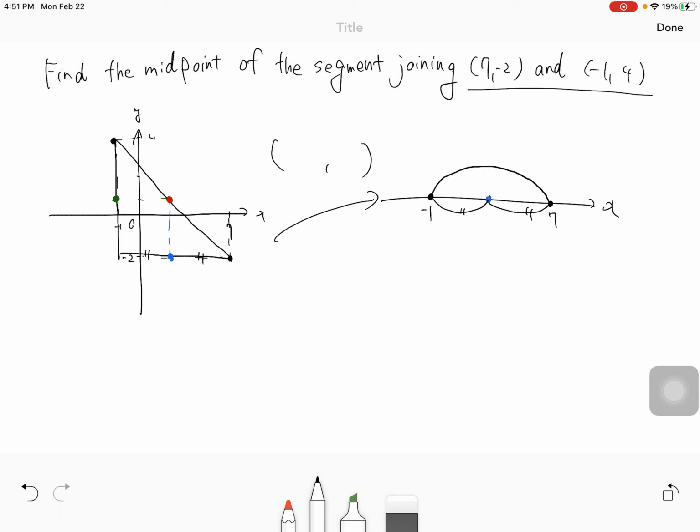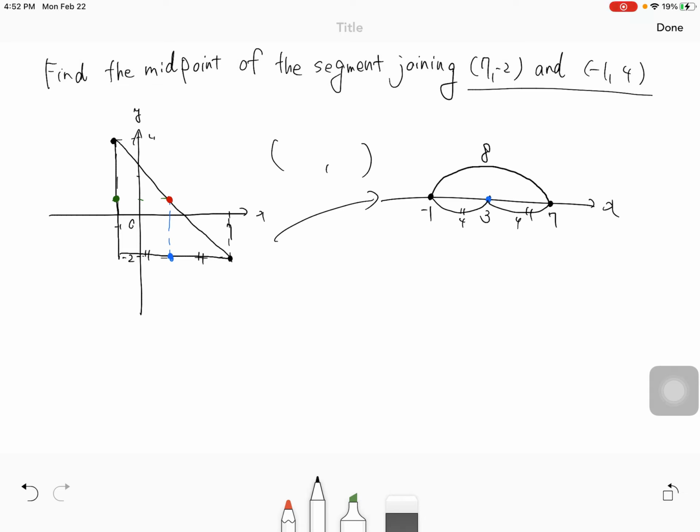And the length here, you can just calculate it. It's from -1 to 7, which is 8. So it's going to be 4 and 4. So you can just simply calculate 7 minus 4, which is 3.